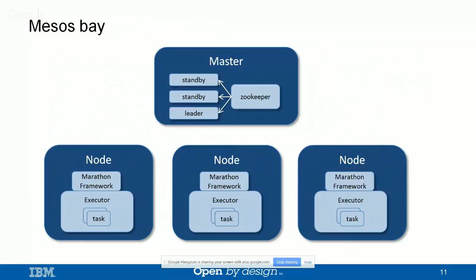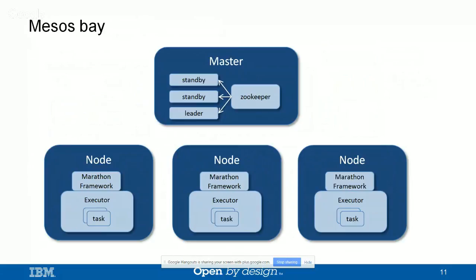Mesos works differently in the sense that in the master you have a leader and a number of standby leaders. If a leader disappears, then one of the standby leaders would jump in and take over. In the node, you have the executor that would run a task, and you have a number of frameworks that get installed.